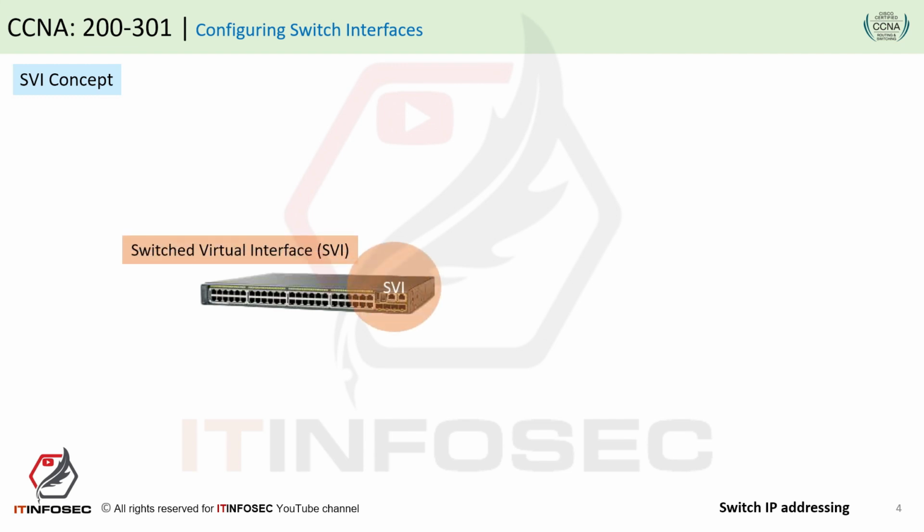Each layer 2 switch has the virtualized network interface card called SVI, and commonly a VLAN interface, which I will describe for you in the next videos.